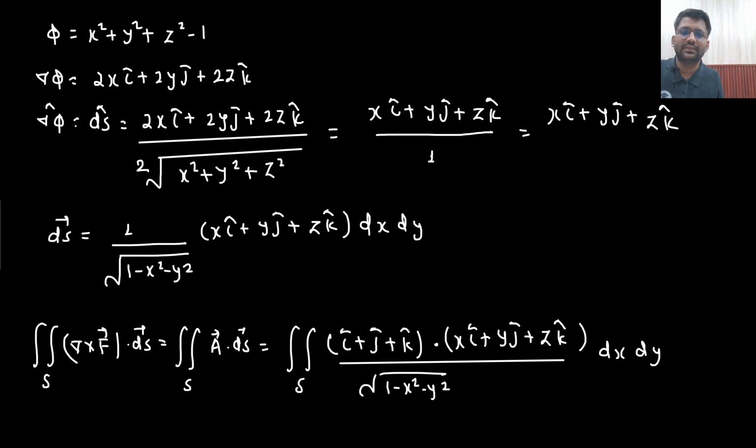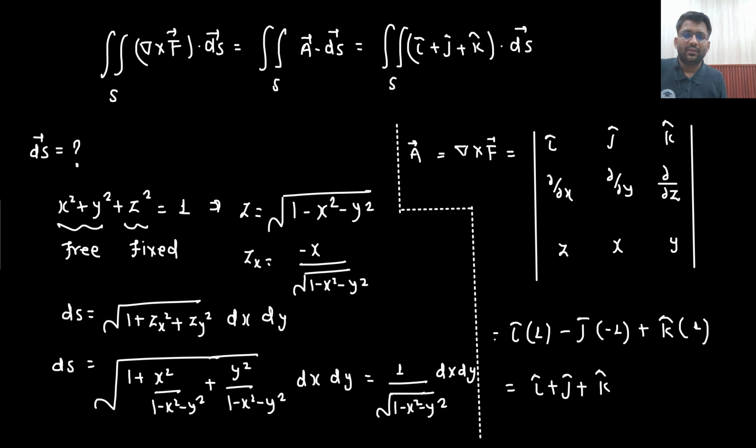Now what was your del cross f? What was the answer of del cross f? Del cross f we calculated, it came out to be i cap plus j cap plus k cap.